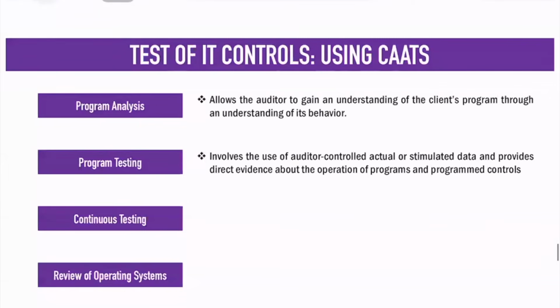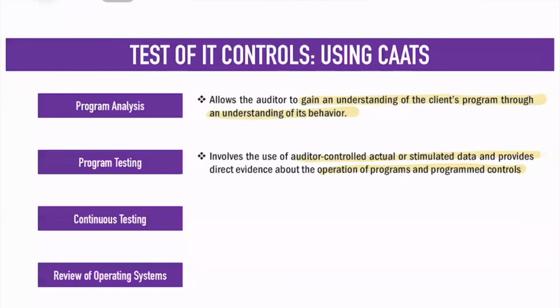So how do we test the IT controls? We test the IT controls using the following. We have the program analysis, program testing, continuous testing, and review of operating systems. So first, under program analysis, it allows the auditor to gain an understanding of the client's program. And in your program testing, we now use auditor-controlled actual or simulated data and provides direct evidence about the operation of programs.